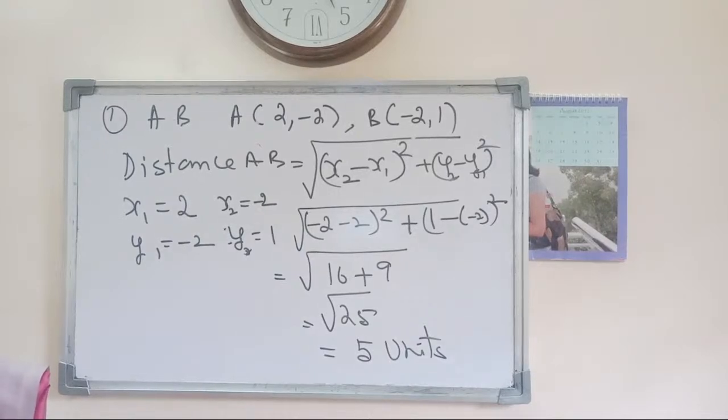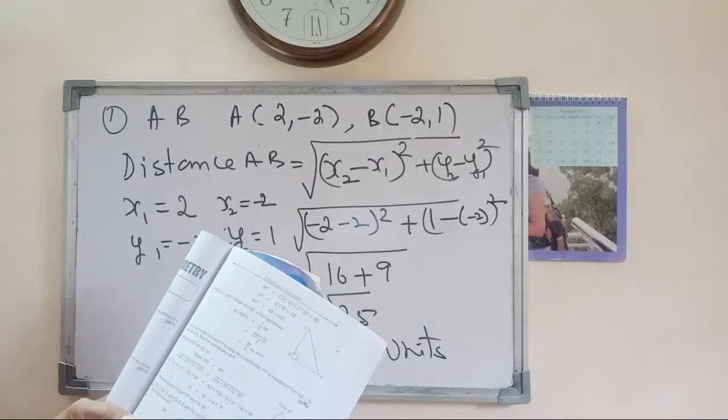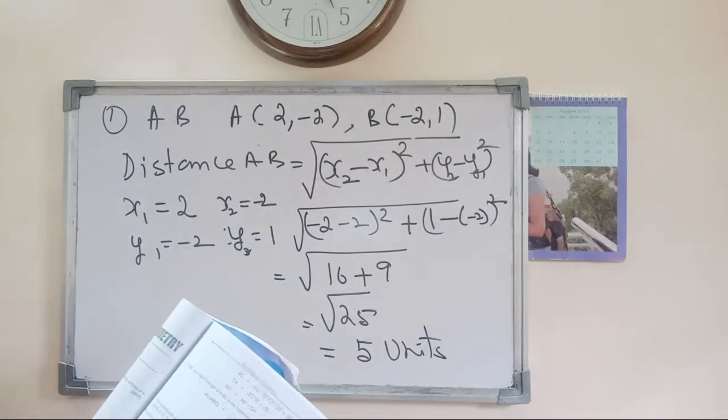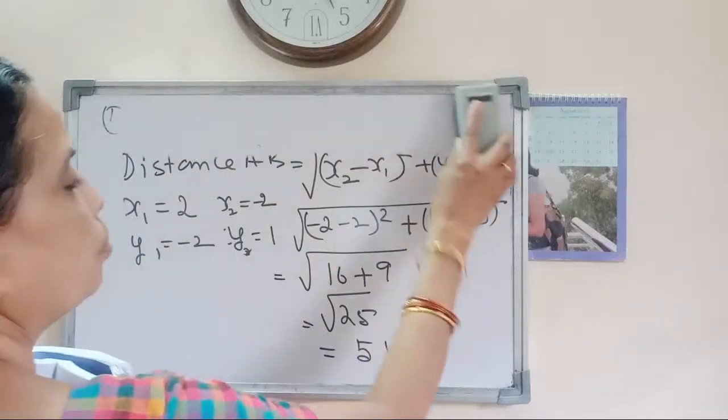Find the distance between the points 5 comma 2 and 2 comma minus 2.